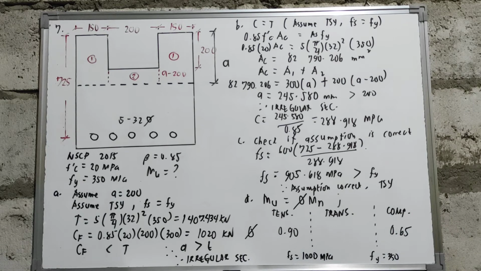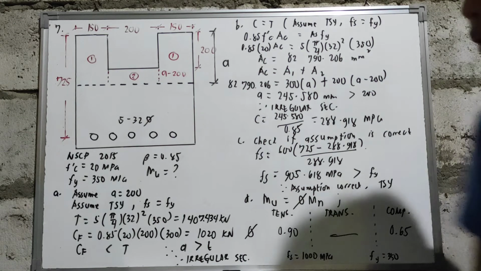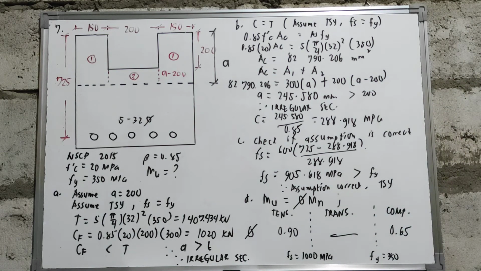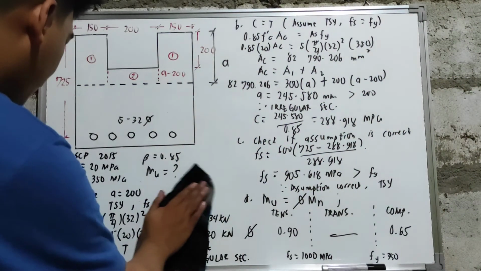And kapag in between ka sa 350 at saka 1,000, so we're going to apply linear interpolation para makuha natin yung reduction factor. Or pwede ninyong gamitin yung mga formula natin.